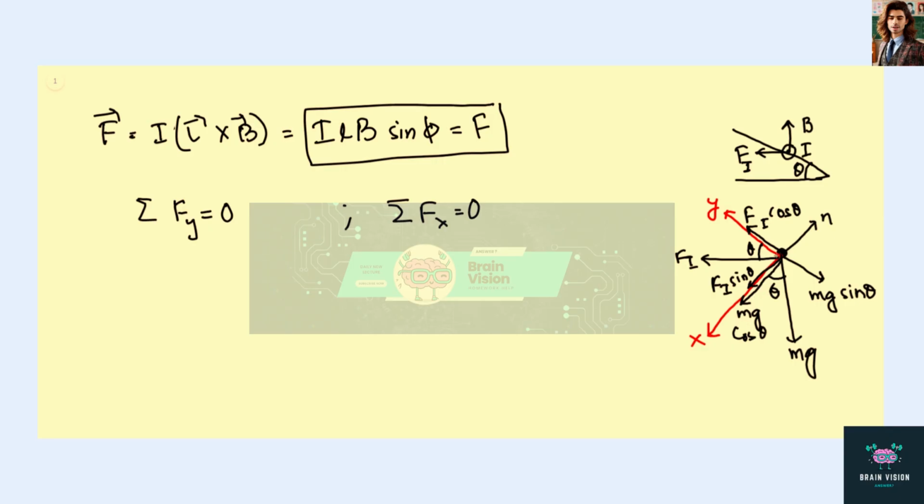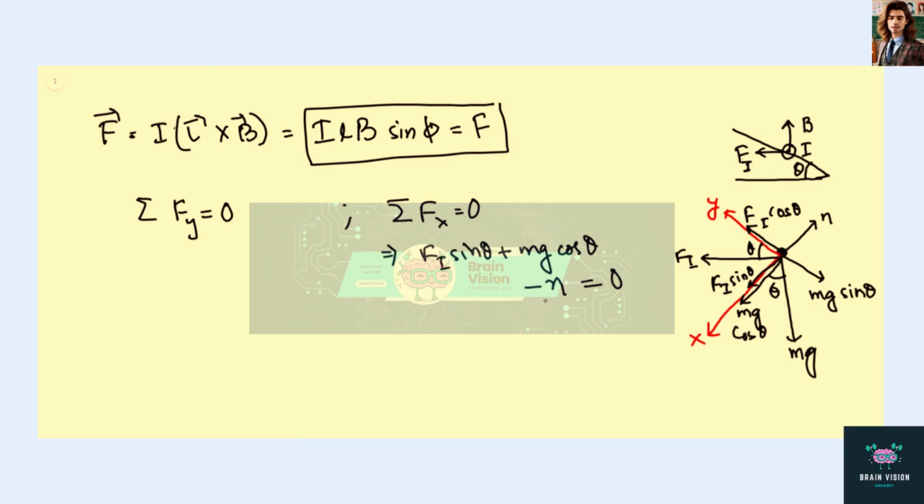So to counteract that, we have the normal force, the contact force from the plane of the incline. So this is going to be F sine theta plus mg cos theta. So these two forces minus N, because this is in the opposite direction, is equal to 0.